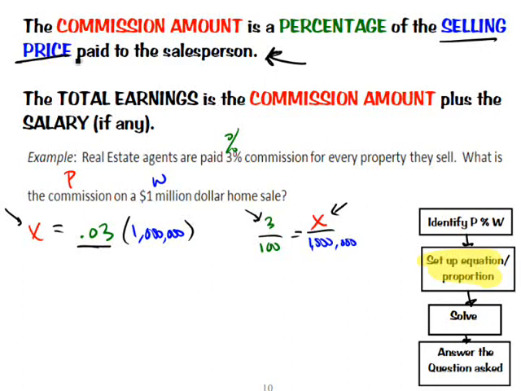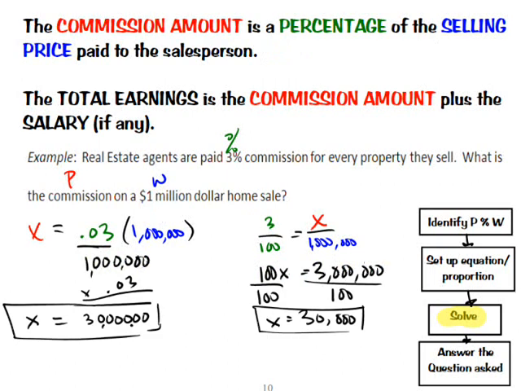And then our selling price, which our magic sentence tells us is the whole, is $1 million. And we don't want to just write 1 mil, because we're going to end up reducing that number, and we need to know exactly how many zeros we're working with. Alright, so now we can go ahead and solve these equations.